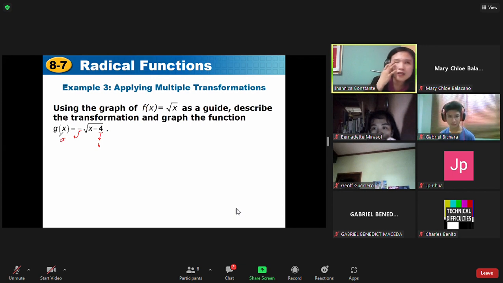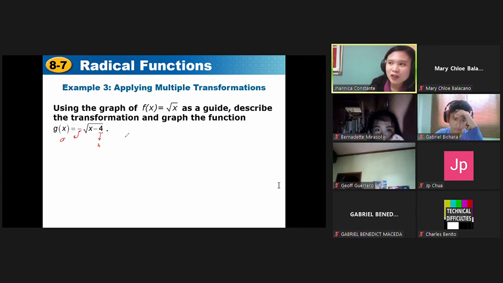So looking at the description or the sign of our h and a, what description can we have for the transformation that happened to our function g of x equal to negative square root of x minus 4?